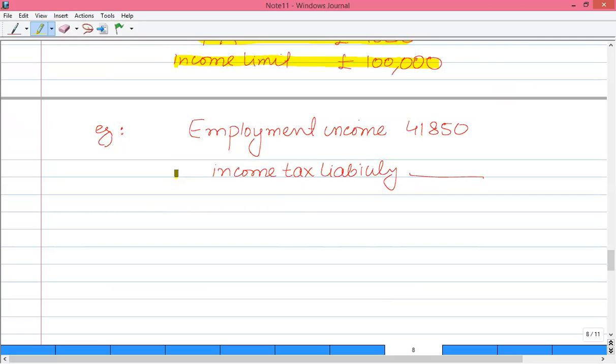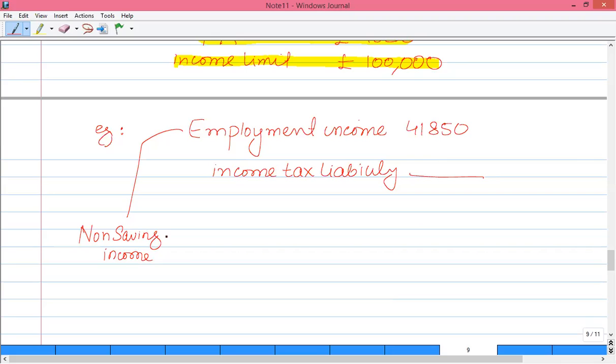Assuming employment income is 41,850. So assuming a person is having just one type of income, we can classify that type of income as a non-saving income. As there is no other source of income, no need to prepare a detailed pro forma.